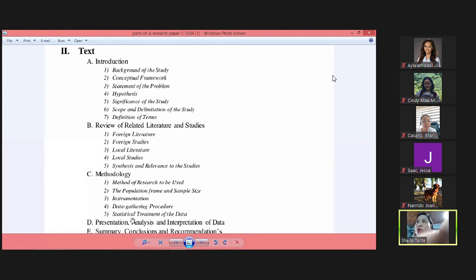Why you are doing the study, which serves as a validation or as a local context for the foreign as well as the local studies that were done about your topic. So take note of this, because this type of format will be utilized all throughout. If you go to MMC, this is also the one that we are doing.